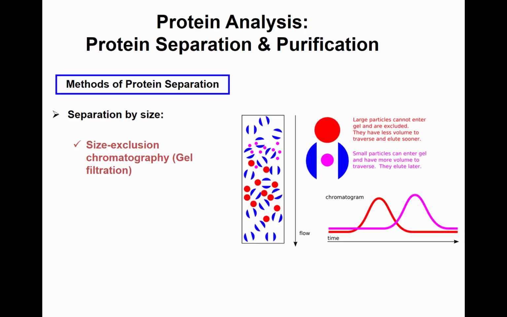Depending on the range of the proteins you have in there, you select certain particles with certain pore size. To visualize that a little bit, you have particles, and then you're packing the column with your particles, but each particle has pores, right? This is one type of particle.